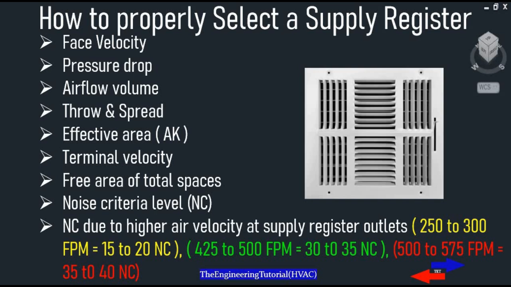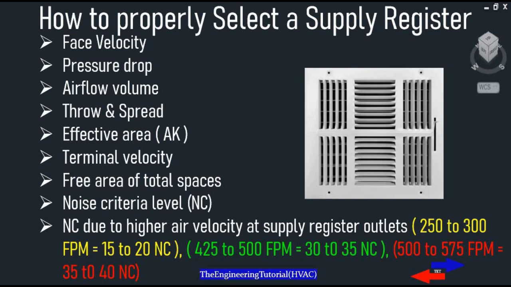The fourth one is throw and spread. Throw is how far, how many feet, the air throws from the register, and the spread is how wide the air is spread from the register into the living space.